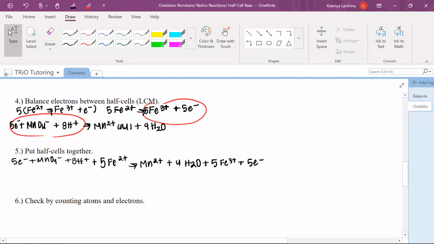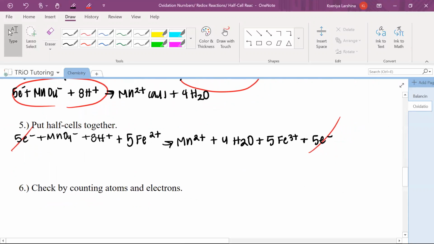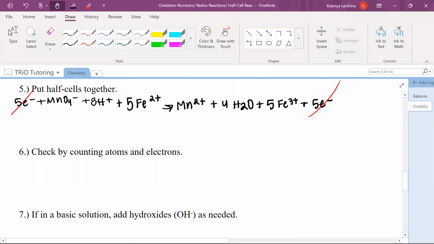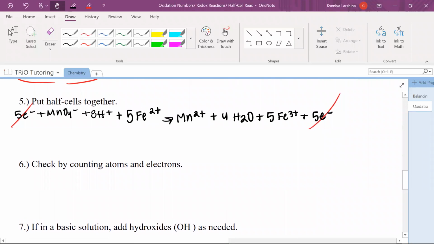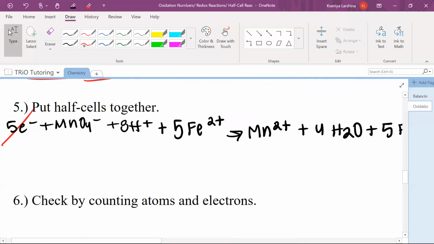This is the part where we cancel out our electrons, because now they're balanced. And then we count and check if we have everything in order and in the correct spots. And if this is a basic solution, you're going to add hydroxide. So add 8 hydroxide. We have 8 H pluses that we need to neutralize.